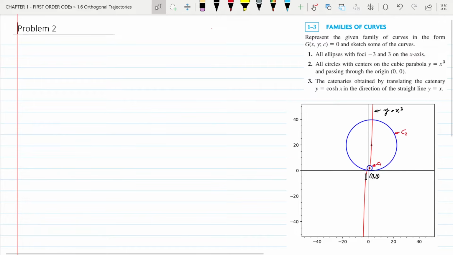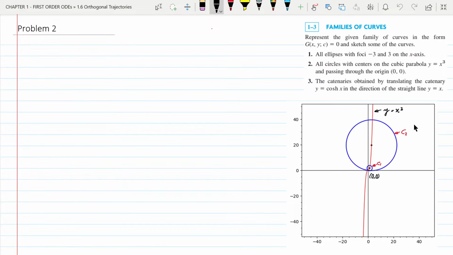Similarly, C2 also passes through the origin and its center is on the cubic parabola y equal to x cube. So we want to find the general equation of the family of curves which have two properties. One of the properties is it should pass through the origin 0, 0 and its center should be on the cubic parabola y equal to x cube.